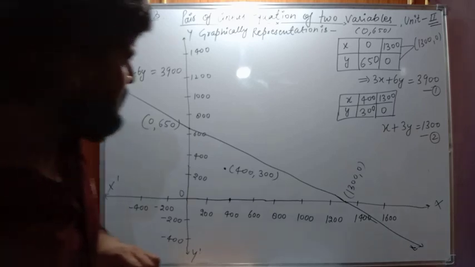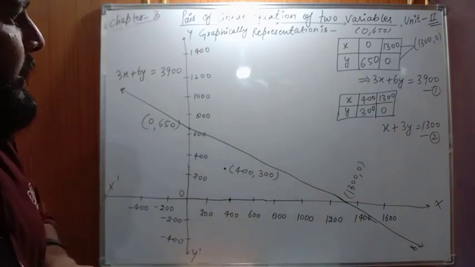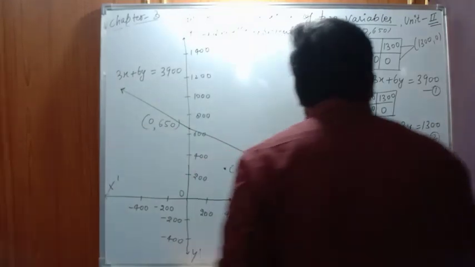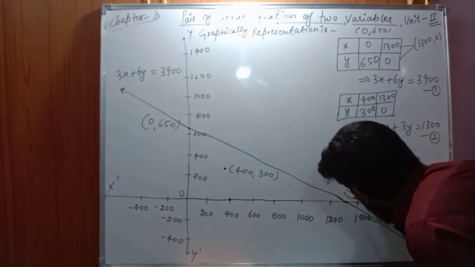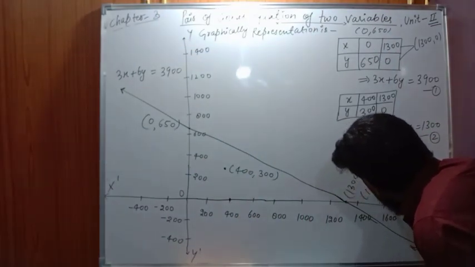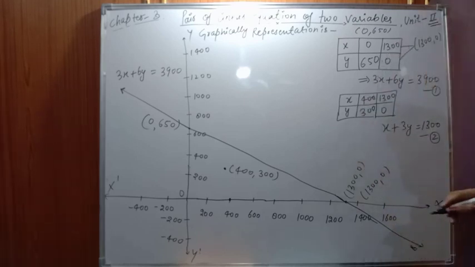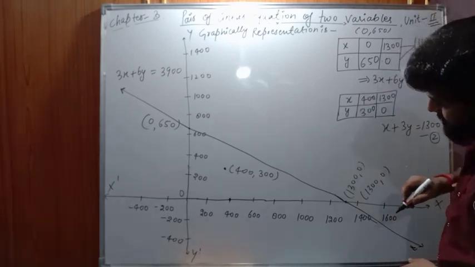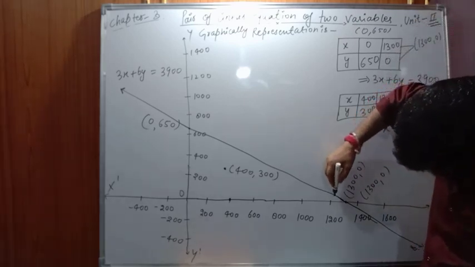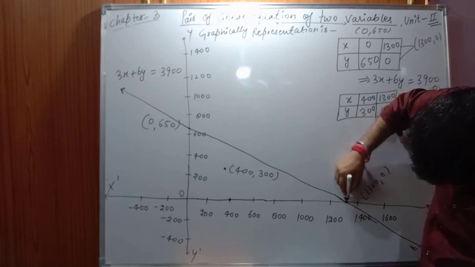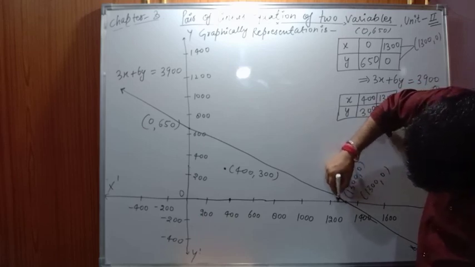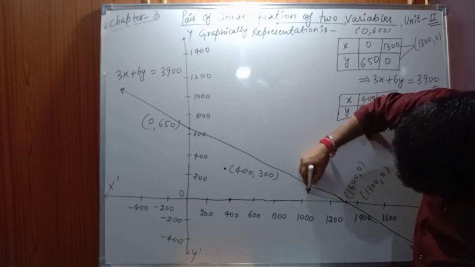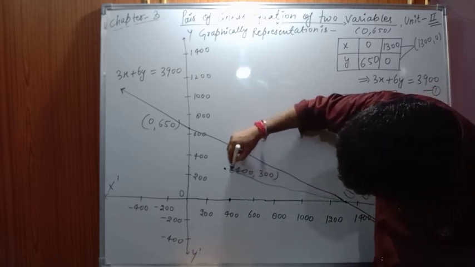Next, x is 1300, y is 0. This point we have already written, 1300, 0. Now we will join these 2 points also with the help of a scale, and we will again find a straight line.